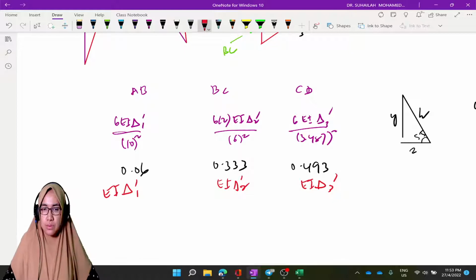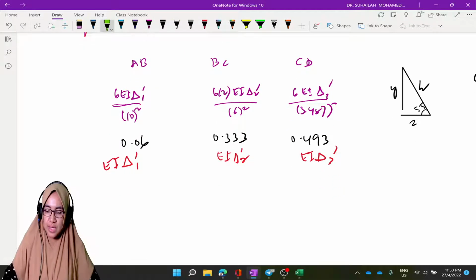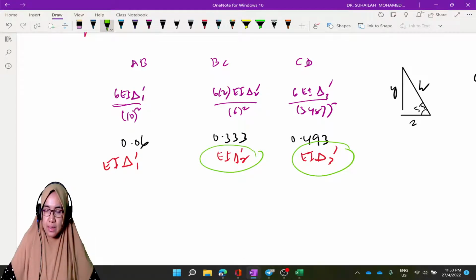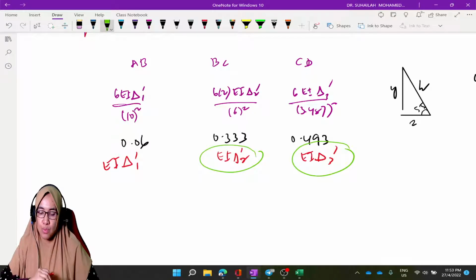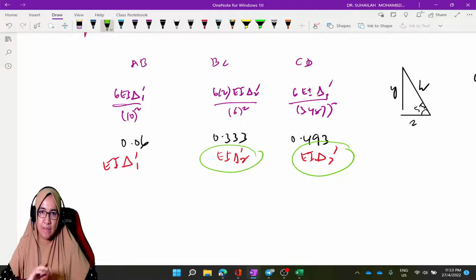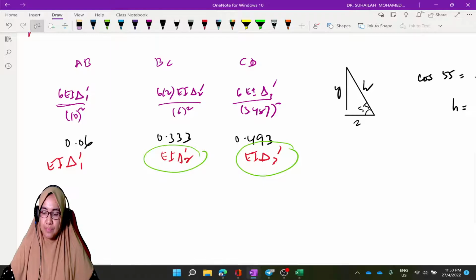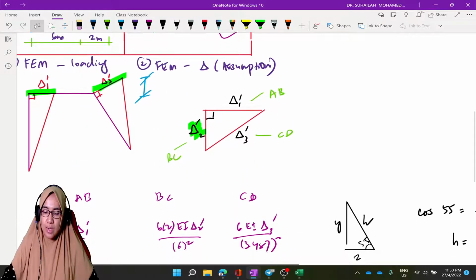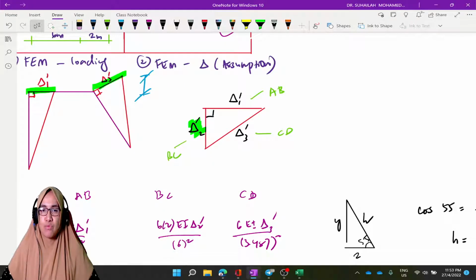So what we need to do is change this and this into EI delta 1 prime. Then only can we compare and calculate the value based on ratio. So we have to have this relationship. We have to identify the angle, and the relationship between delta 2 and delta 1, and delta 3 and delta 1.